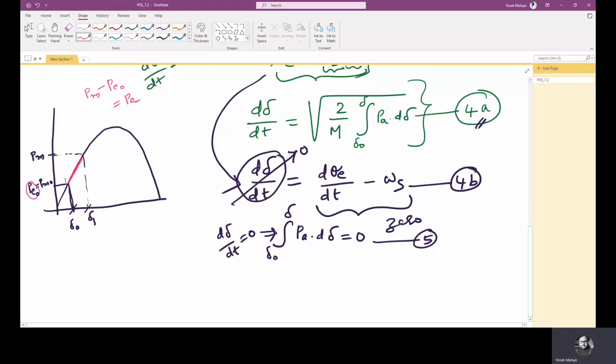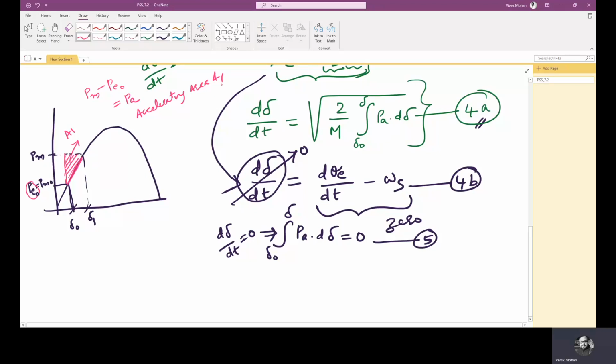So if we take this particular area, let it be A1. This area is known as the accelerating area A1.